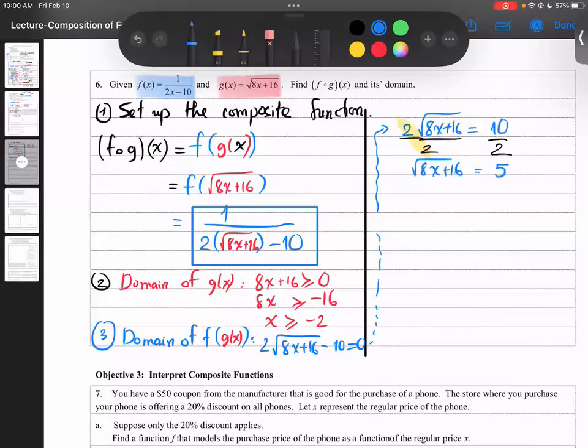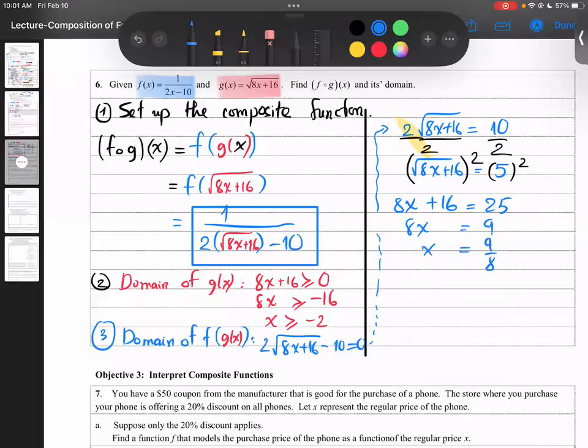Square both sides. On the left-hand side, the square and square root cancel because they're inverses. So ax plus 16 equals 25. Now it's linear, and everybody should be able to solve this. ax equals 9, so x equals 9 over 8. We're not done yet.